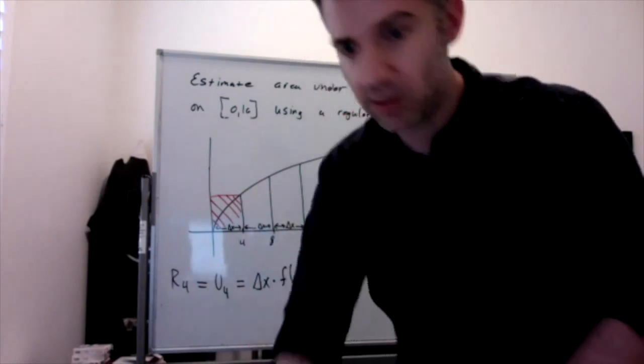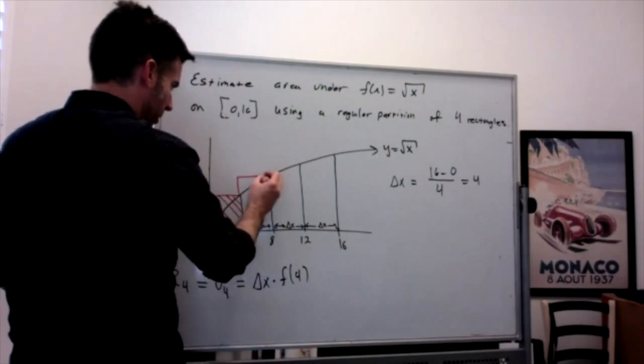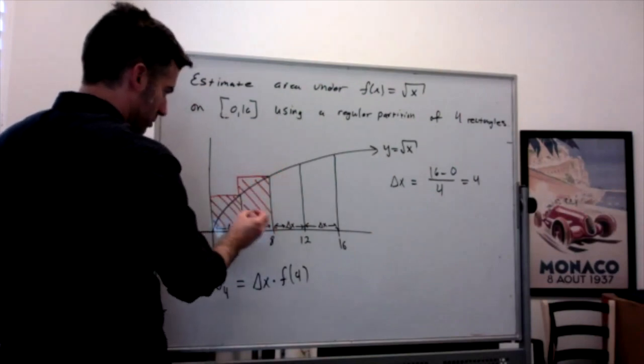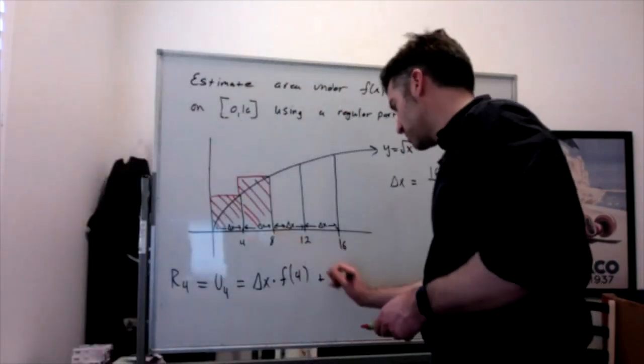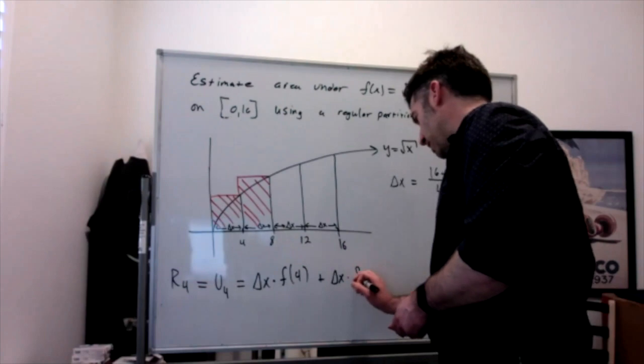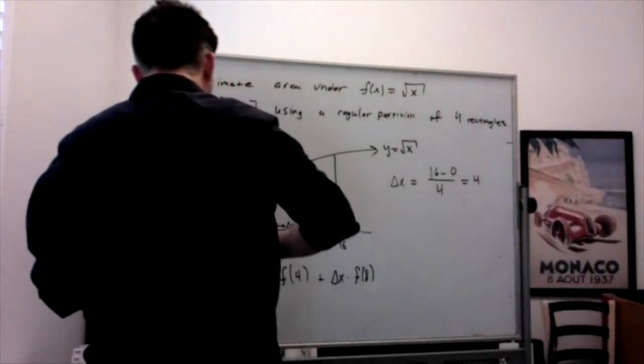And then for the next one, I'm using this right endpoint. There's a rectangle, and I get base times height. Same deal over here.